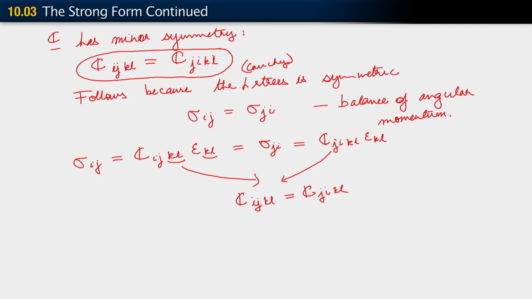C has the other kind of minor symmetry as well. The other kind of minor symmetry is that C ijkl equals C ijlk. And why does this come about?